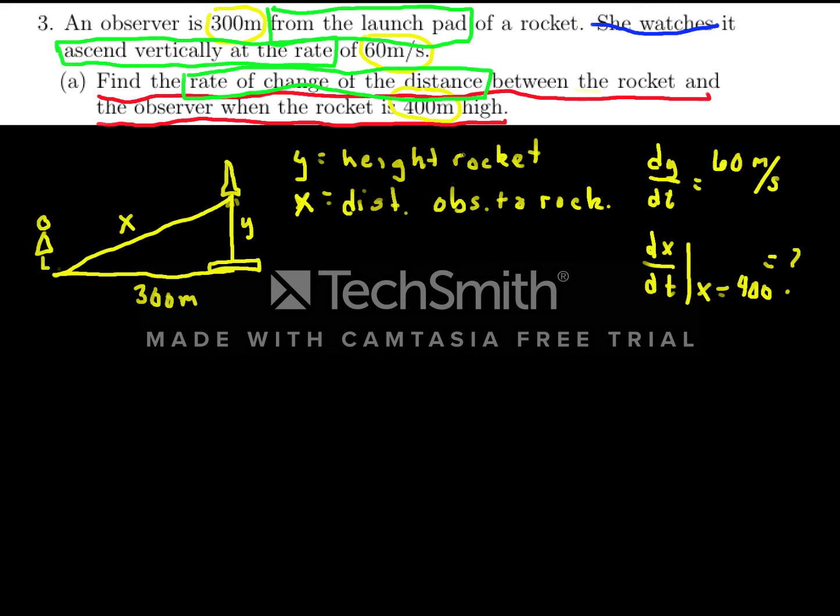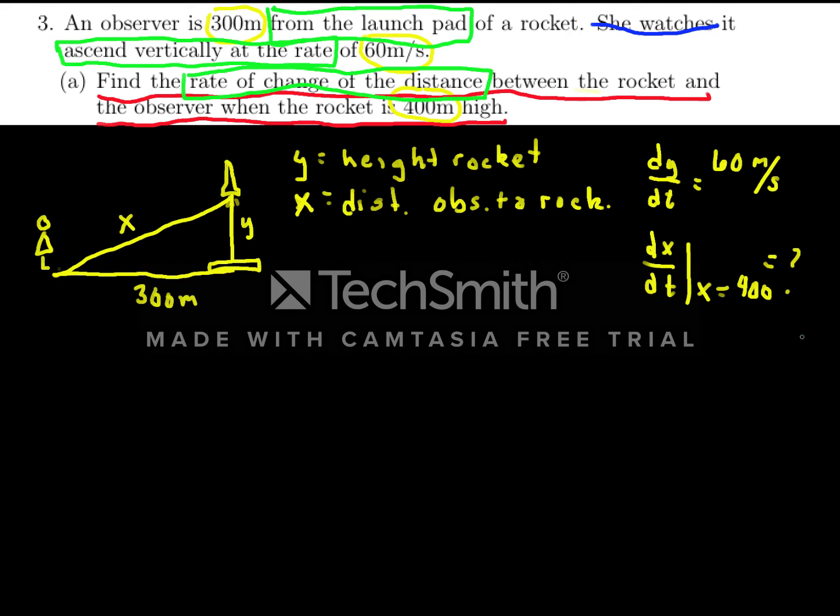I'm sorry. Let's read this question a little bit. This is what happens when I'm trying to write and talk and read all at the same time. Sorry, I'm not the best juggler. So yes, I want to know the rate of change of the distance between the rocket and the observer. So that's the rate of change of x when the rocket is 400 meters.